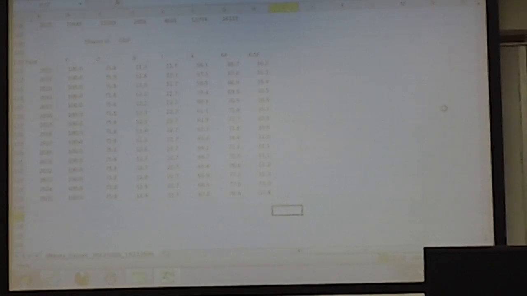So what does it mean when we raise I in the country? It means that we have to increase imports, foreign goods coming in, because I is the expenditure on capital.